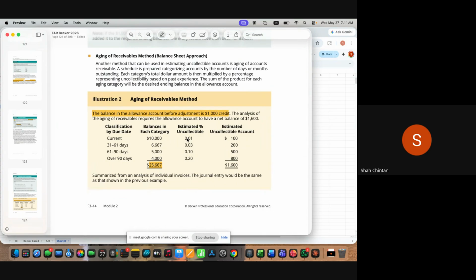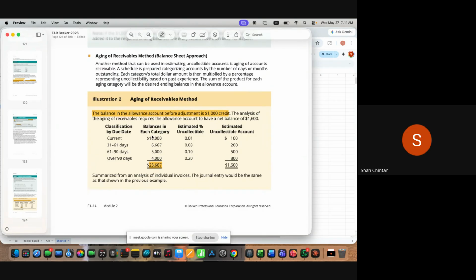Now आपने percentages estimate किए, एग्जाम में आपको दे दिए जाएंगे just like we have in the example. कि current bucket में you have a 1% loss, 31 to 61 days में you have a 3% loss, 61 to 90 days में you have a 10% loss. And if accounts receivable are due more than 90 days, then you have a 20% loss.